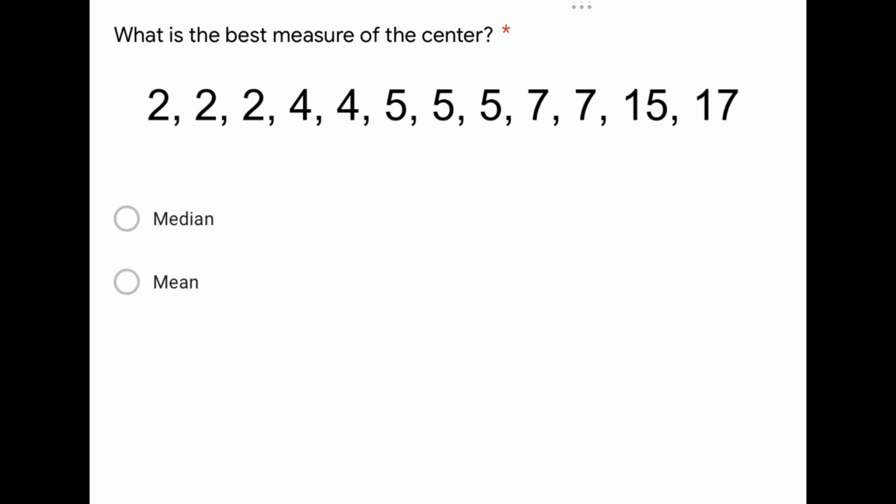What is the best measure of center? Well, these are our two measures of center. We know that our median is just simply the middle number, which is in the center. We know the mean is the average of all the numbers.